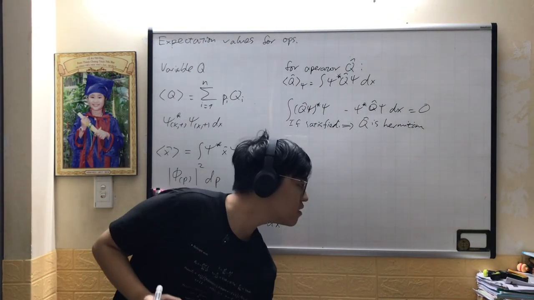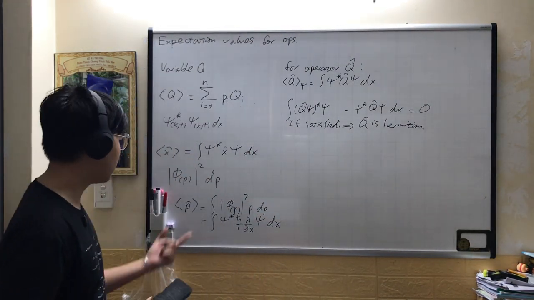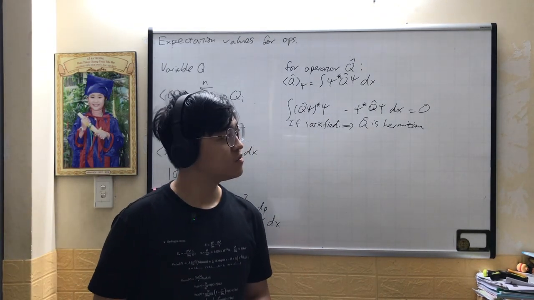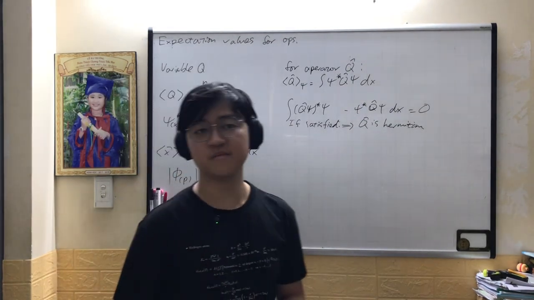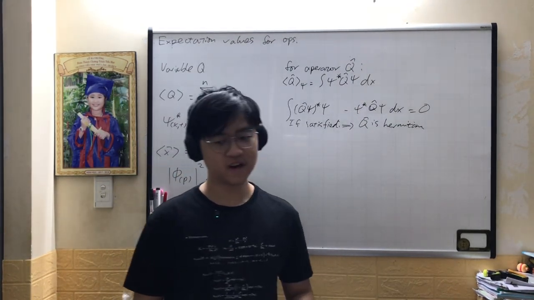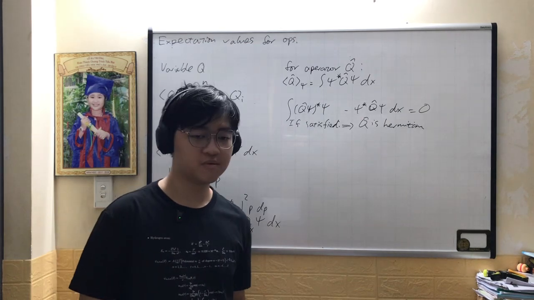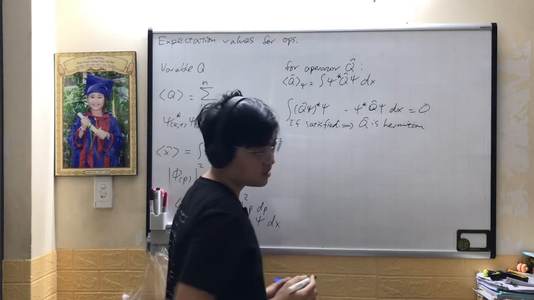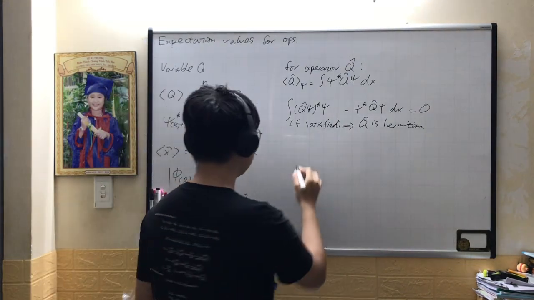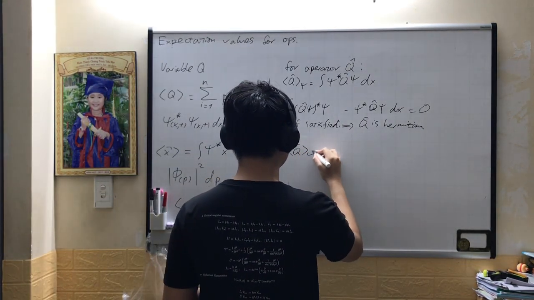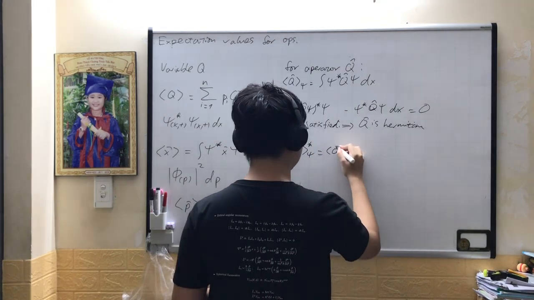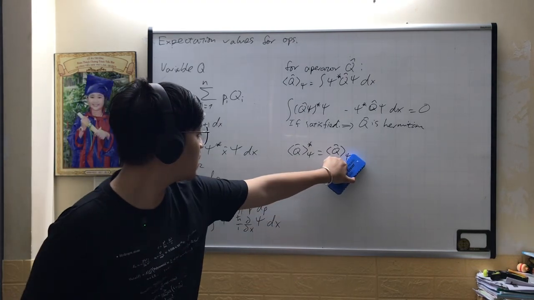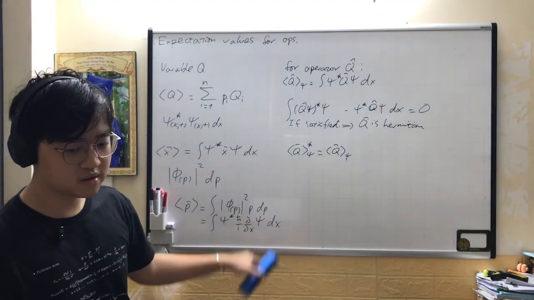So with a Hermitian operator, it's basically kind of the same, but it will have some special cases. The first one is that the expectation value of the Hermitian operator in psi is real, meaning that if you take the complex conjugate of it, it would equal itself. That is our claim number 1.